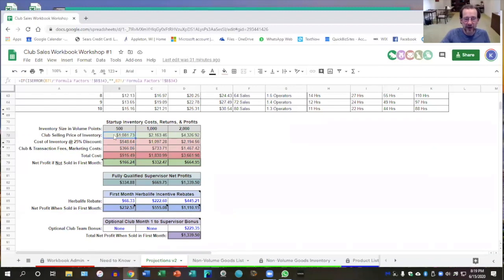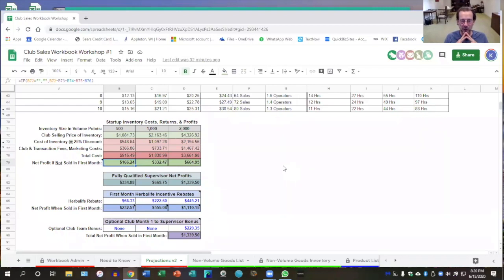Oh, I'm sorry. This is your actual club. Yeah, this is your gross receipts. You'll sell gross receipts. This is what it cost you when you bought that inventory from Herbalife. This is all of your club fees, including transaction fees, marketing costs, all of that. So at the end of that, by the time you sell that 500 volume points, you will profit $166.